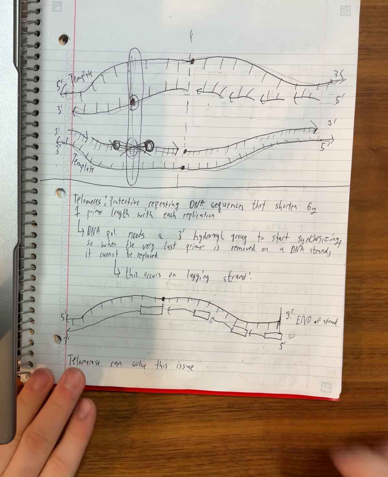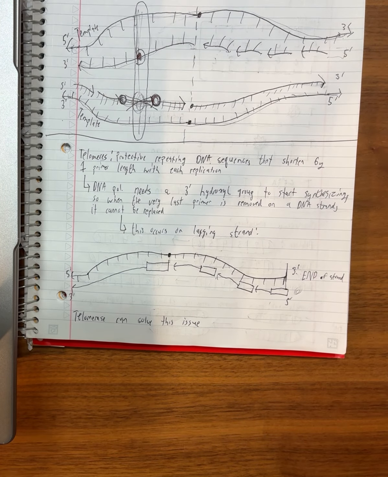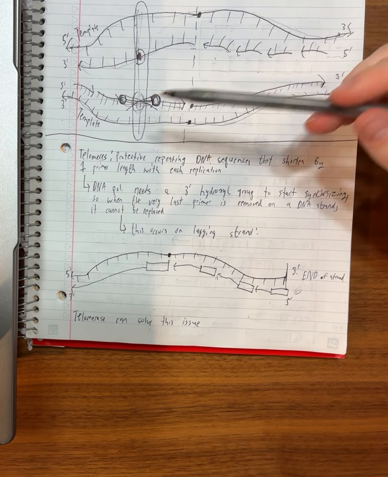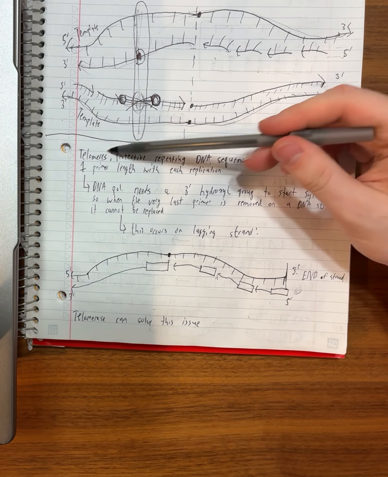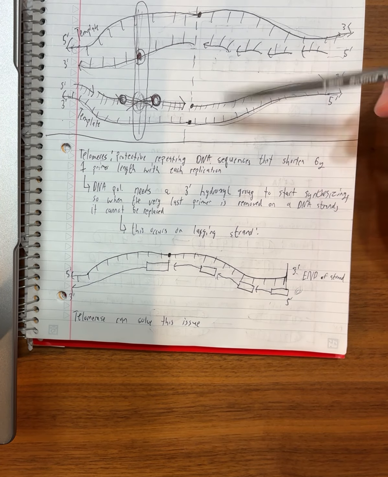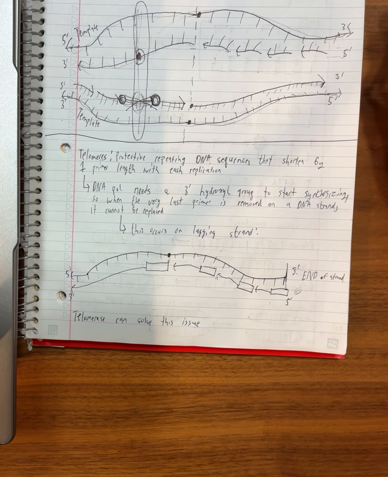So that's it for replication, but we're going to talk about a few structural things now. On the ends of your DNA you have things called telomeres, and telomeres are protective caps that are just repeating DNA sequences that don't code for anything.